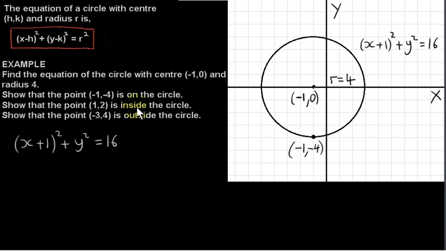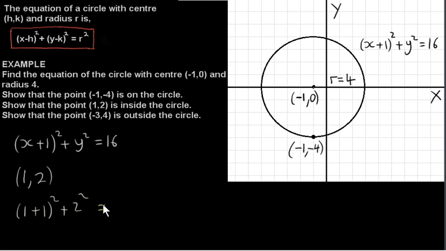Show that the point (1, 2) is inside the circle. Now if it's inside the circle, it means it will not satisfy this equation. Let's first show that it does not satisfy the equation. We copy out the equation, replacing x with 1 and y with 2.